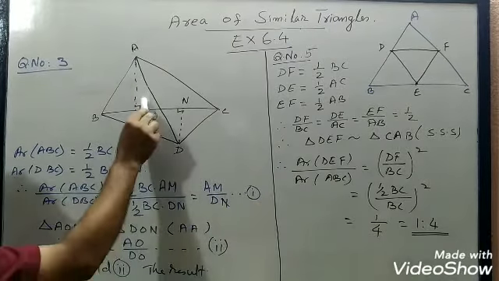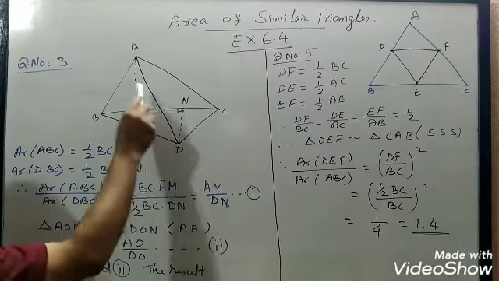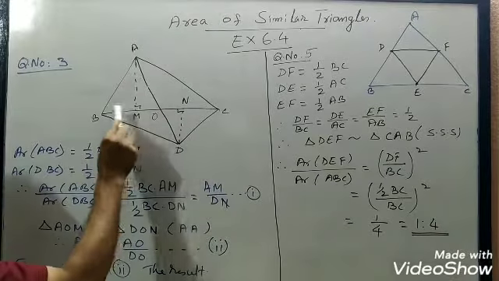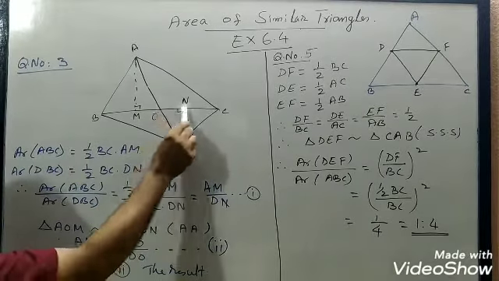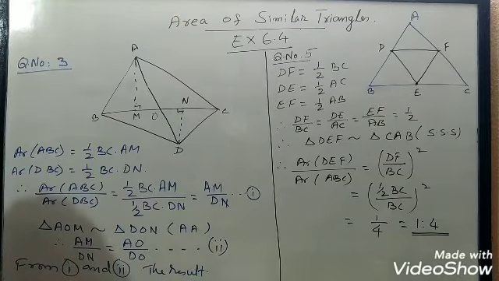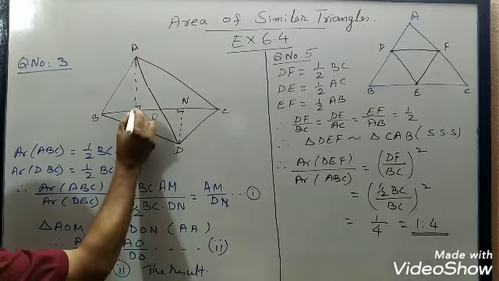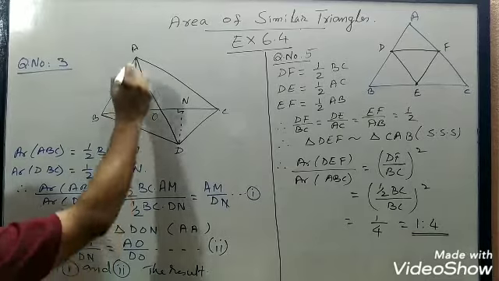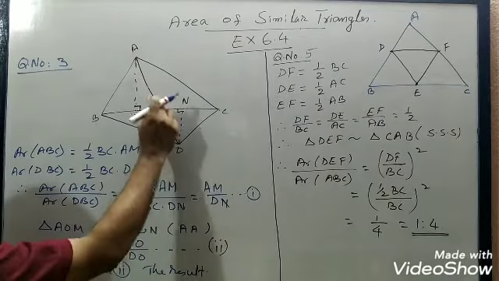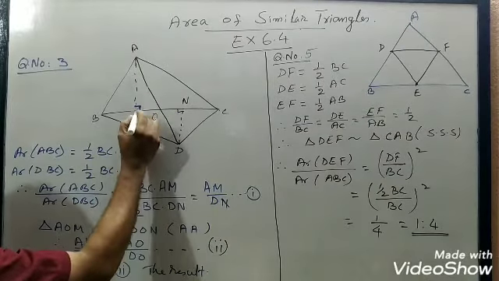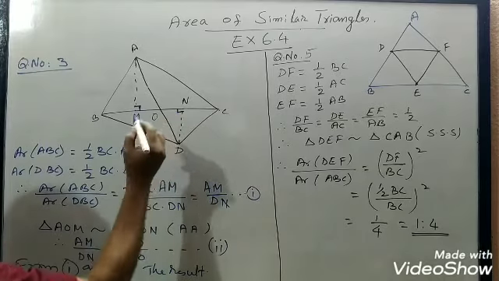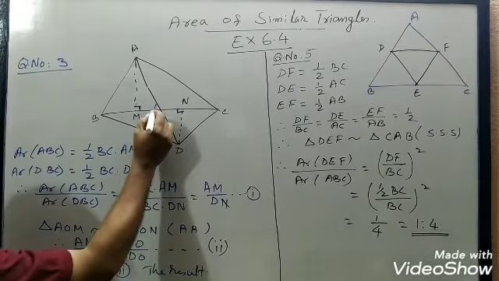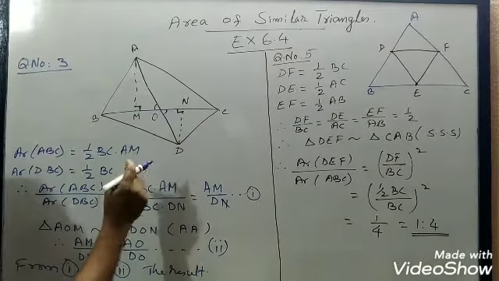Now, we can prove that these two triangles, AOM and DON, are similar. Why? This angle is 90 degrees. In both triangles AOM and DON, angle M equals angle N equals 90 degrees. And these two angles are vertically opposite angles.